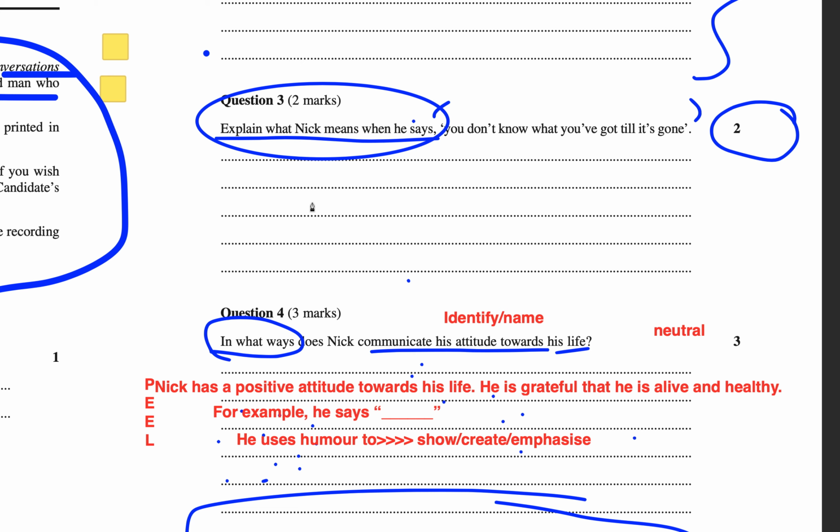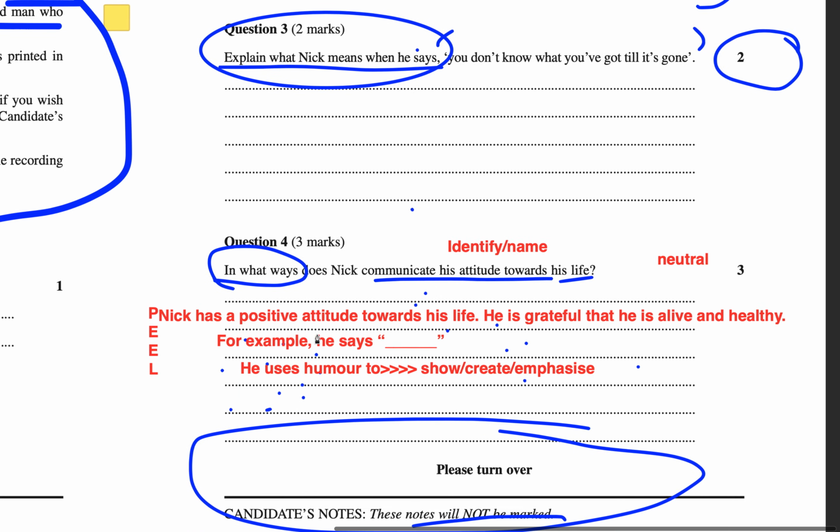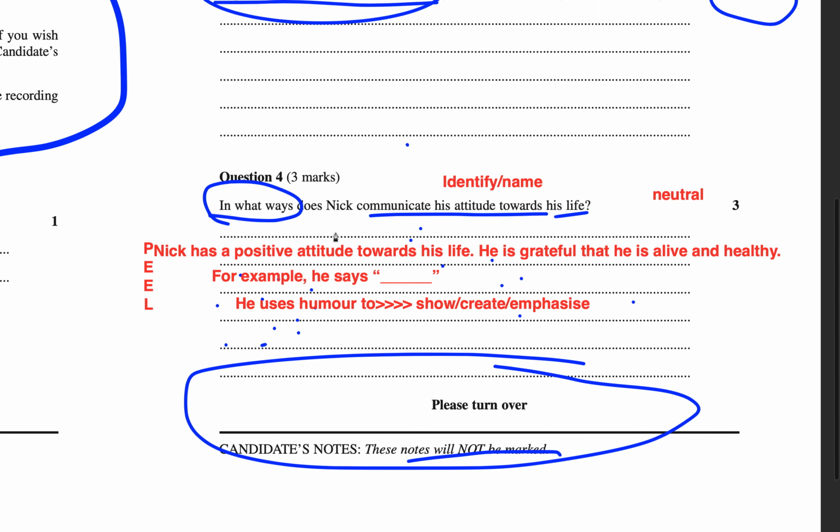Other questions that say explain how mean analysis. So you need techniques, you need evidence. And often the how questions will give you a focus area. So we move on to question 4, and this is what I'm talking about.